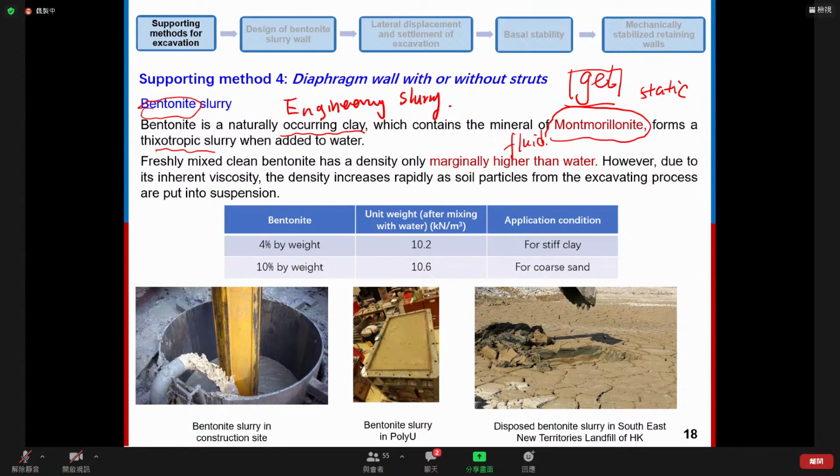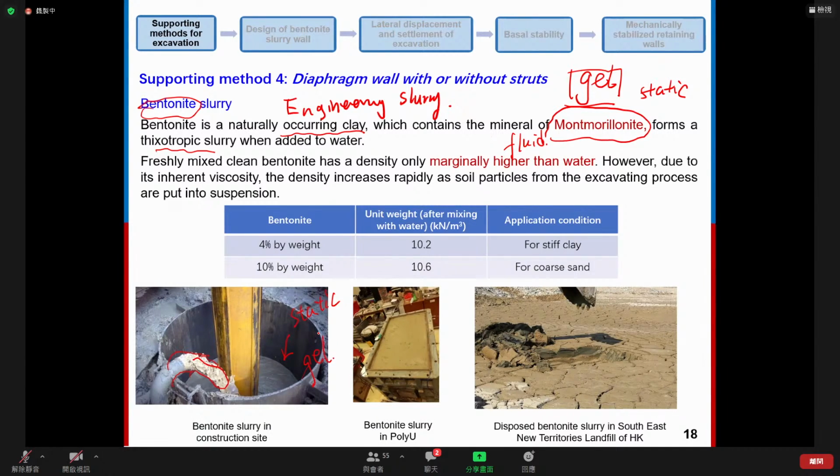As you can see in this figure, if we pump the bentonite slurry, it's actually like liquid or water. But if the slurry is settled down in, for example, the cylinder under a static condition, it behaves like gel.